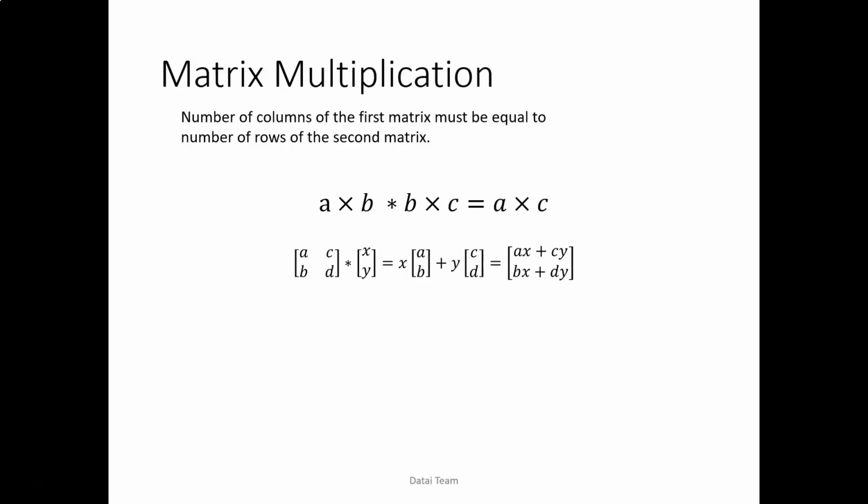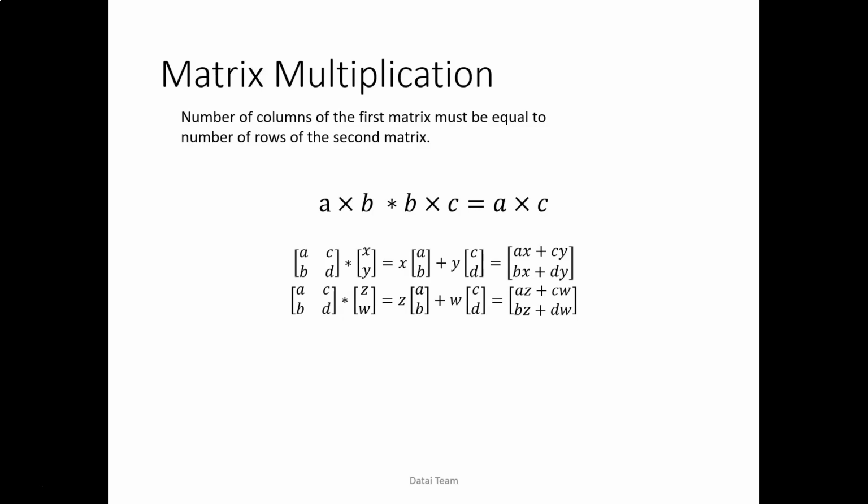And in programming, you can think of every vector as a matrix. For example, the vector AB or vector CD or the vector ax plus cy, bx plus dy are all 2 by 1 matrices. And let's say that we have another vector zw, and we do the same thing.